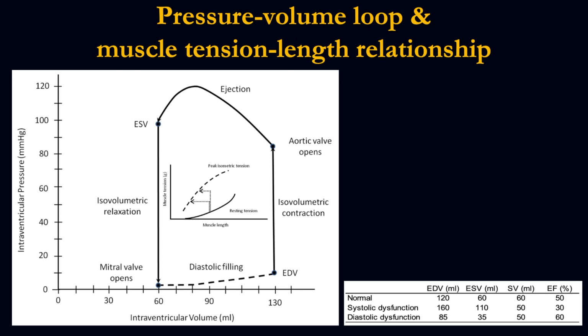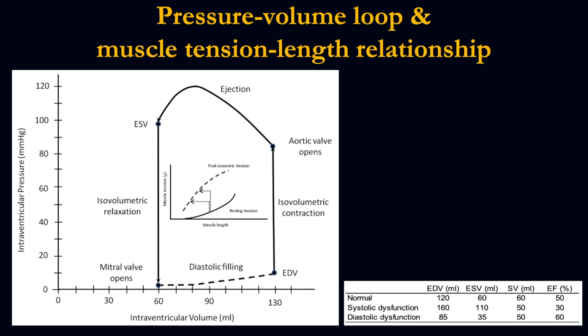There are actually 2 graphs within this one graph. You can ignore the center graph for now. That won't make as much sense until we get to the muscle structure and function chapter. So I would encourage you to come back and revisit this diagram after we've talked about those concepts. So let's start on the x-axis here at 60 milliliters of volume and look at diastolic filling.